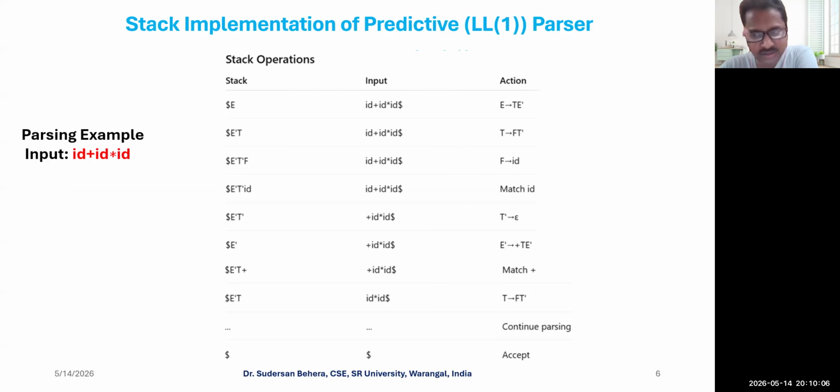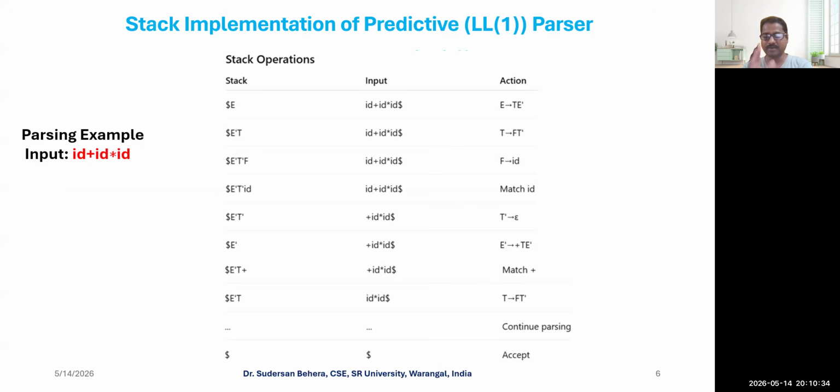If they are equal, the parser proceeds: it will pop the stack and scan the next input symbol. But are they equal? No. Capital E is a non-terminal, which is not equal to the terminal id. So what do you have to do?